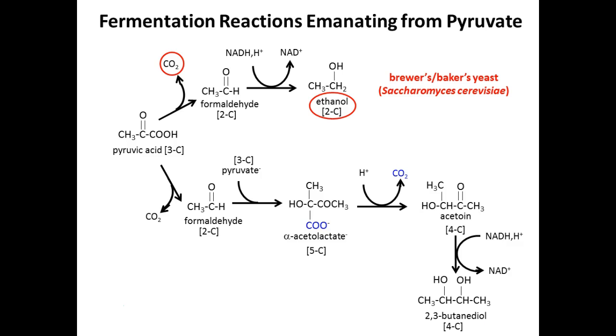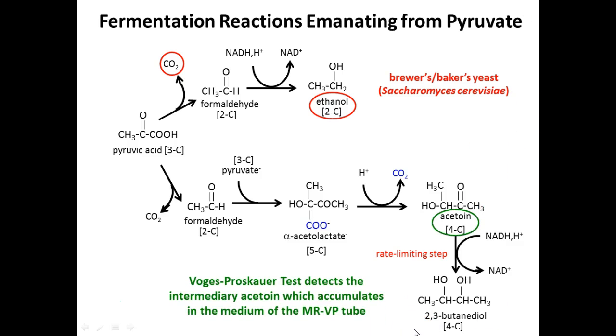And this one we tested for the presence of, and this is a rate limiting step going from here to here, in the Voges-Proskauer test. We actually test not for the 2,3-butanediol, but the ability to make 2,3-butanediol from the acetoin.